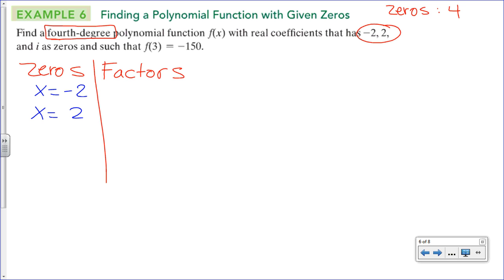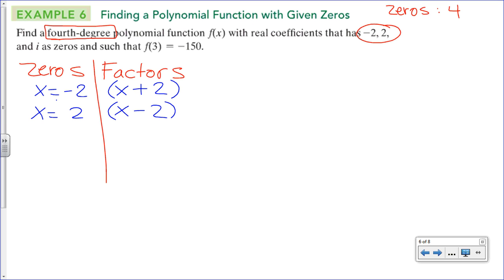So Lorenzo, tell me what will be the first factor that comes from this zero. Would it be x plus 2? Very good. And then Chris, x minus 2, okay.